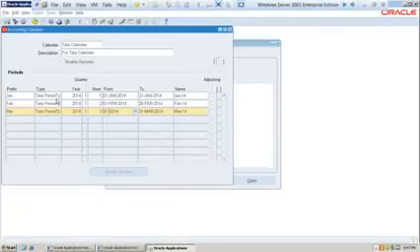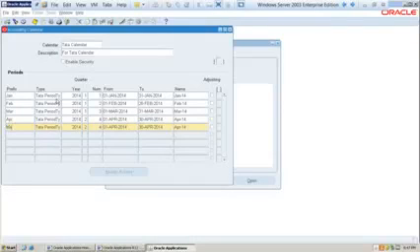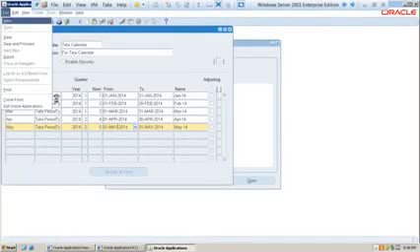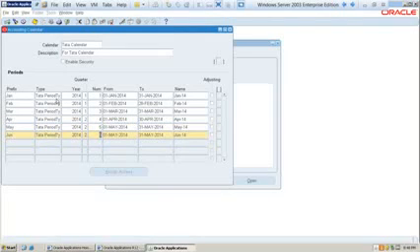March 31st, then you change here from. So for every period you need to give start date, end date.